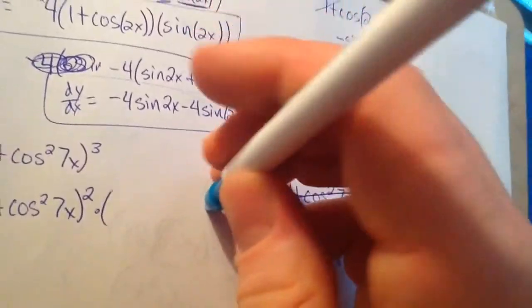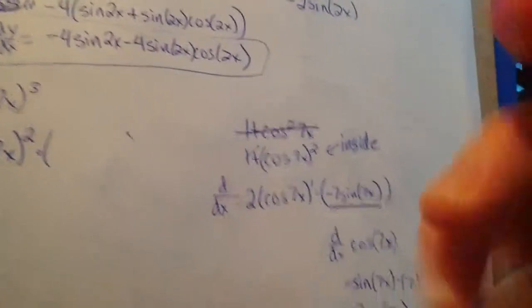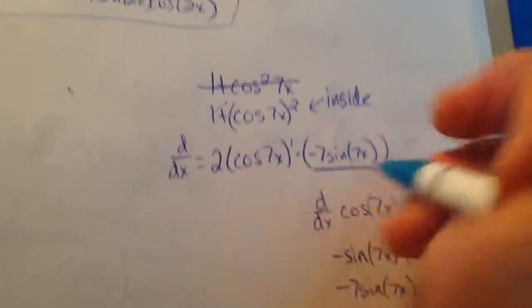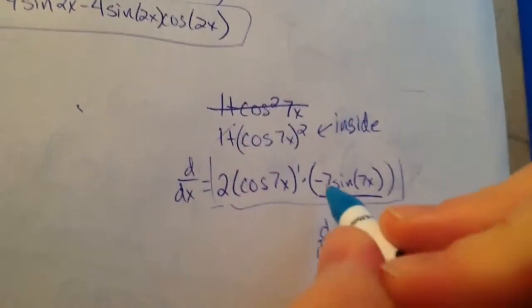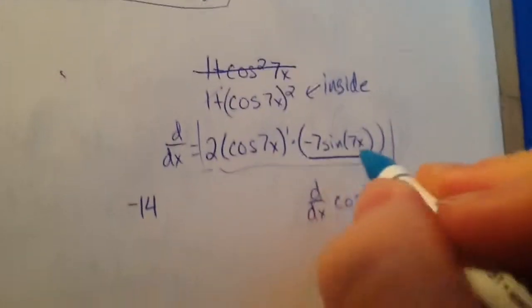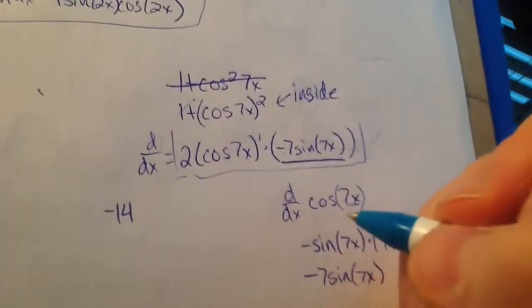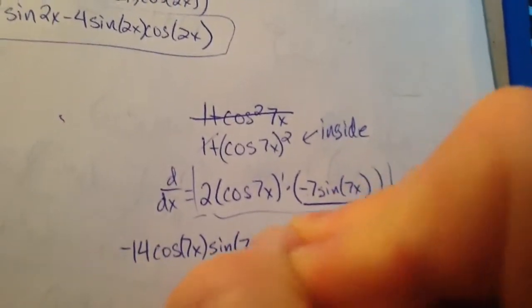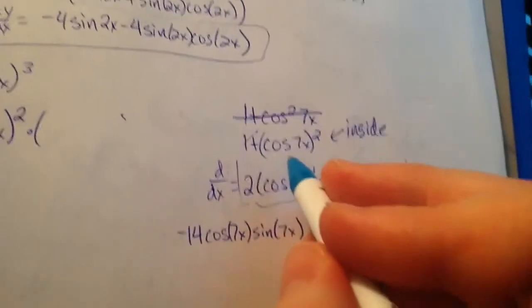So this pen breaks. This was our derivative of this, which is what we want to do on here. So let's simplify this thing first. Negative 7 and 2, that'd be negative 14. Multiply them together, and then it's just cos of 7x times the sine of 7x. So we'll write just cos of 7x sine of 7x. So there's my derivative, finally, of the inside of that part, which I had to do chain rule 3 times total in this problem.